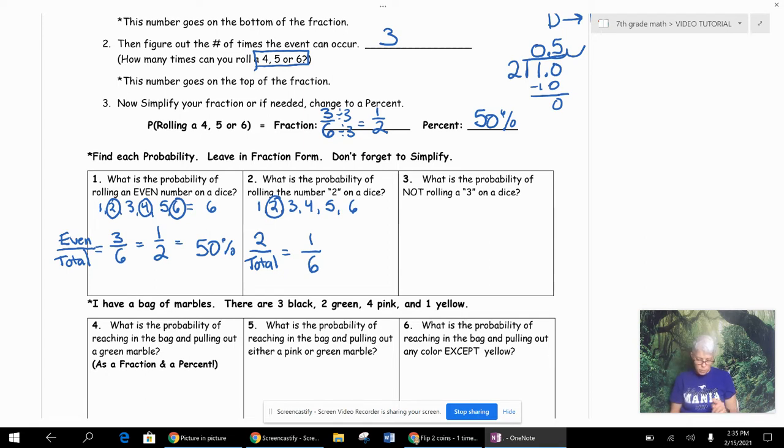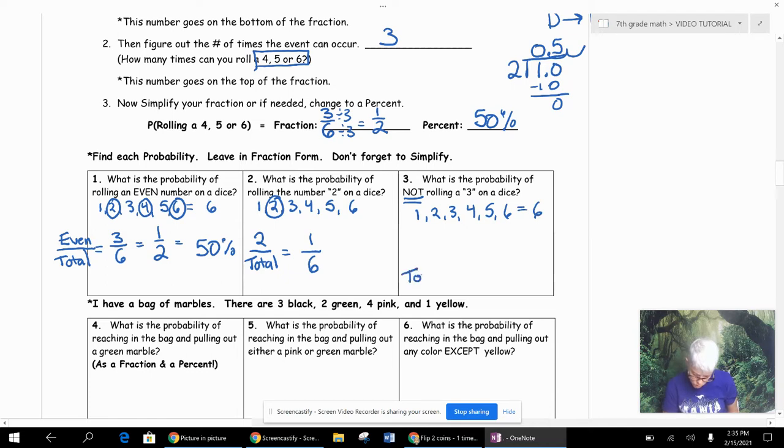All right, we're going to do the rest of these. What is the probability of not, there's a big NOT, look, it's all capitalized, so we have to pay attention. Not rolling a 3. Again, what do we got? The possible outcomes. There's 6 possible outcomes.